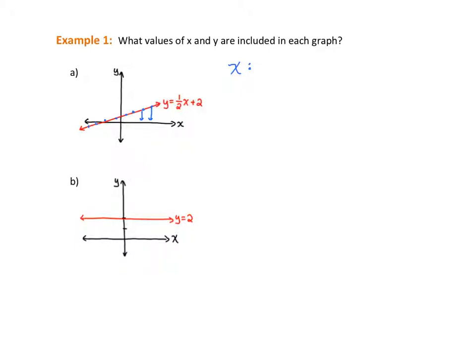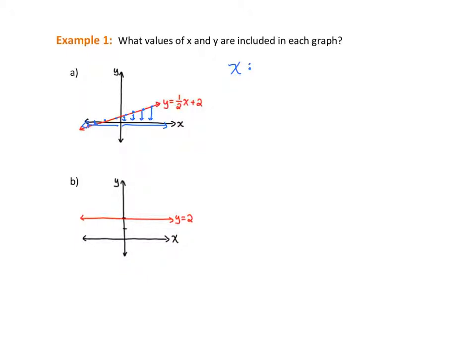So we have every x value along this line. All those positives here, all these negatives along here are included. Also, the actual red line goes to the left and to the right forever because there's arrows on the end of it.